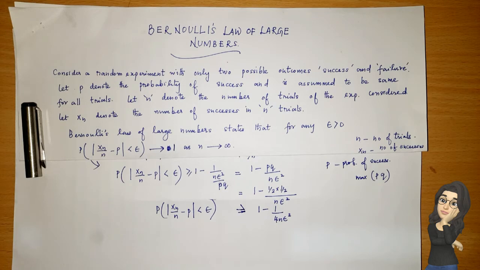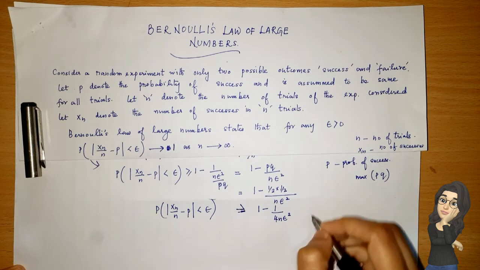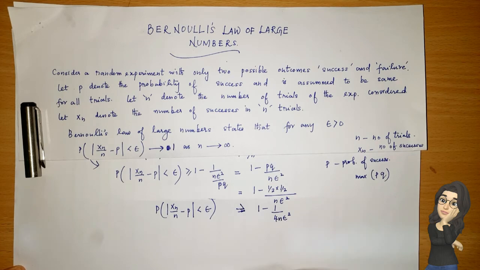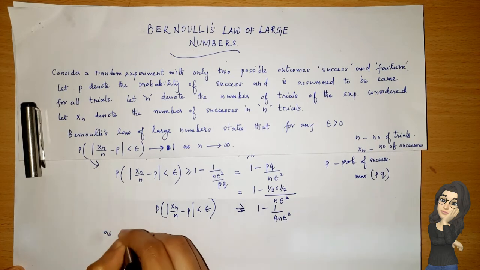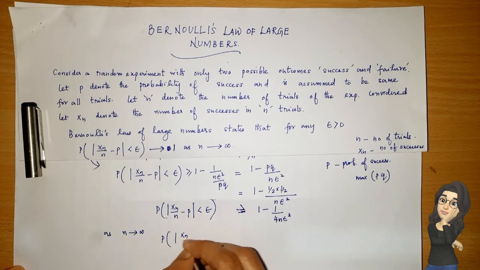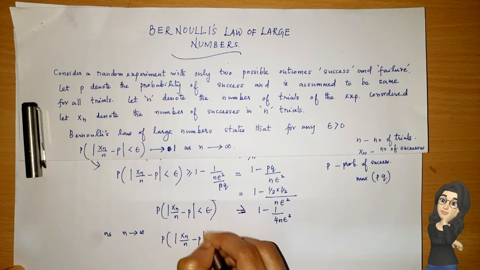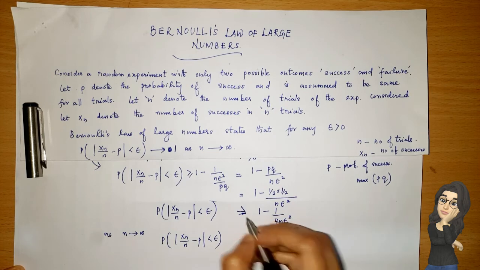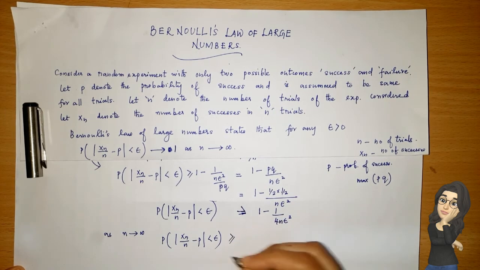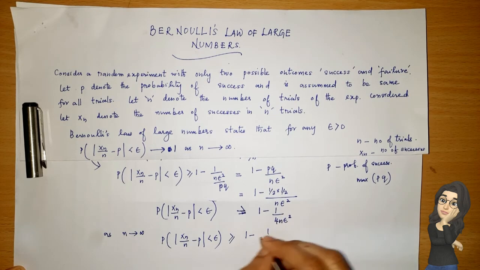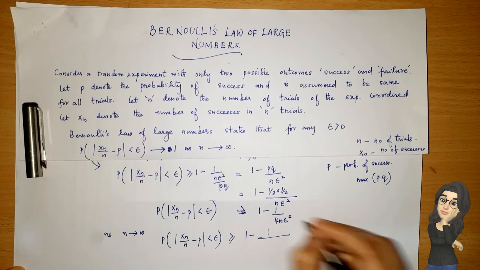So from here, we have an n in this denominator term. Now, as n tends to infinity, this probability of mod xn by n minus p less than epsilon is greater than or equal to 1 minus 1 by 4n epsilon square.